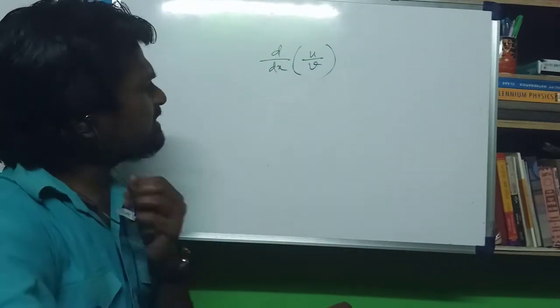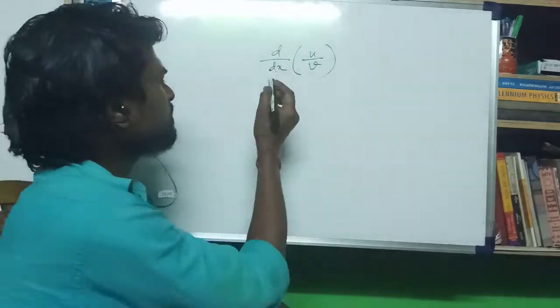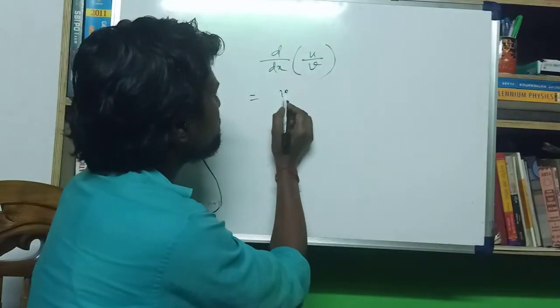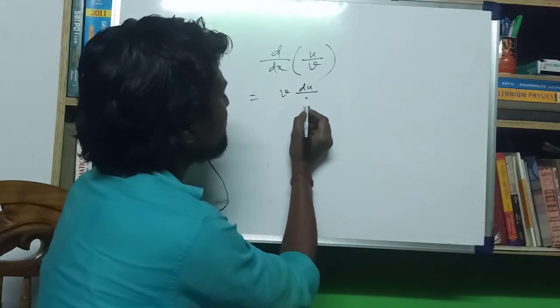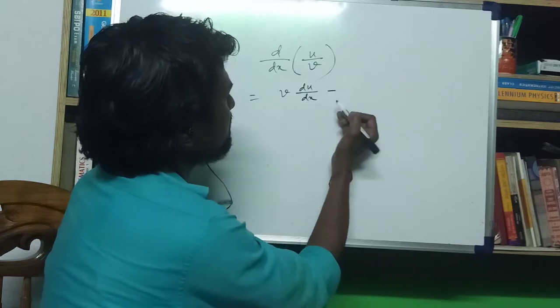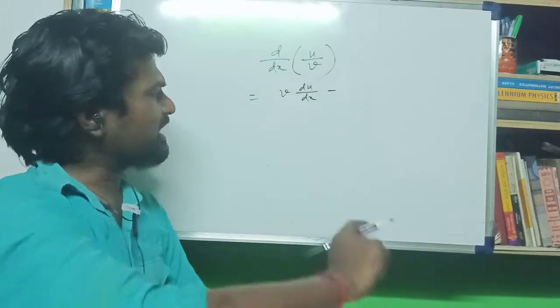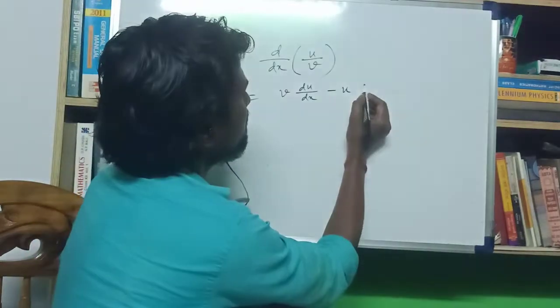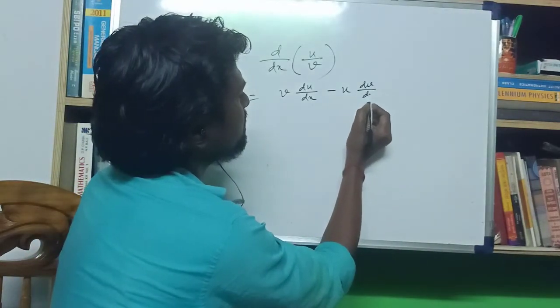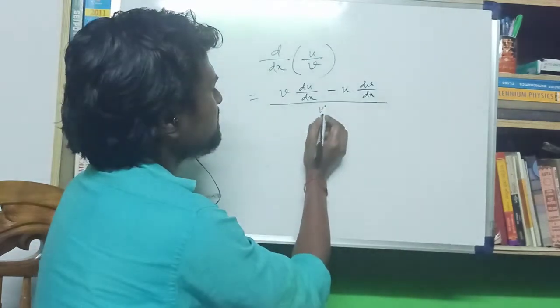If the derivative is in that particular form, then the rule is v du by dx, in place of plus we have to write minus, so minus u dv by dx, all by v square. This is the rule.